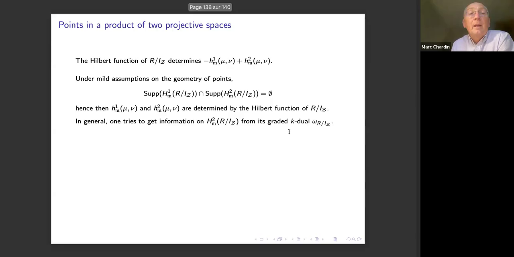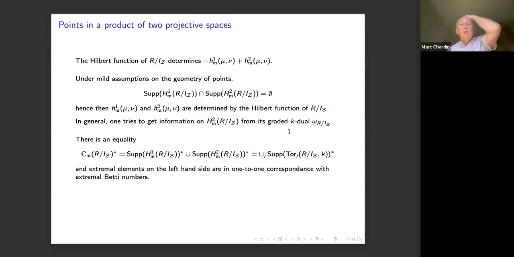And in general, if it's not as good as I explained, if points are not in sufficiently general position, one can try to get information from the H2M of R mod Z, and that's what we do in the other case, by knowing that it's the Ext of the omega of R mod Z.